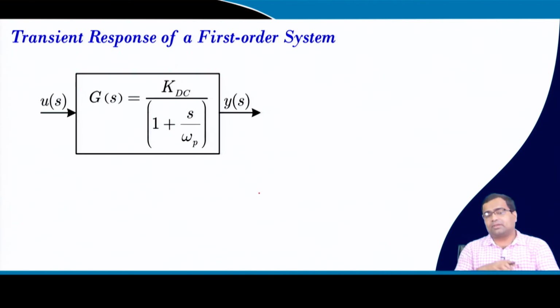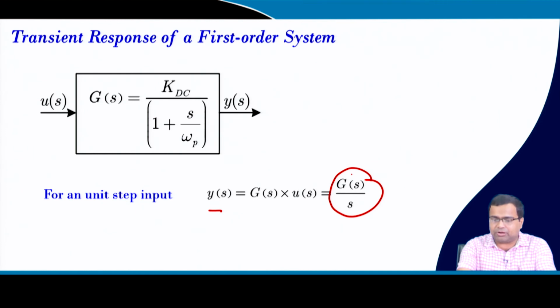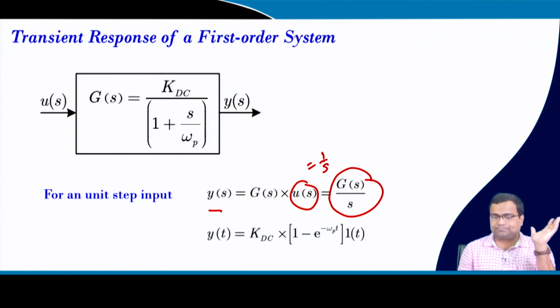Next, if you want to see the step transient response, we apply a unit step input. Then the output will be G(s) by s, because U(s) will be equal to 1 by s for a unit step. Then by means of inverse Laplace you obtain the DC gain multiplied by this term.